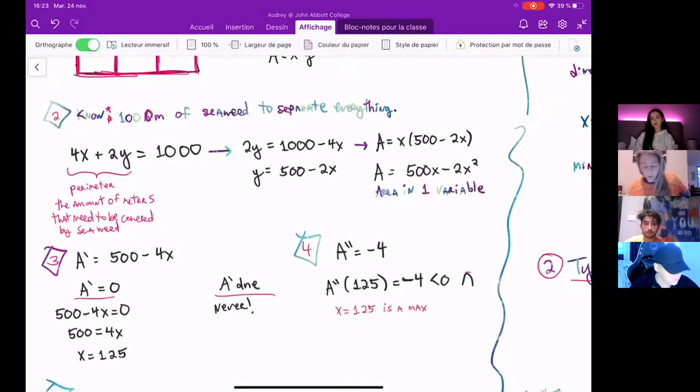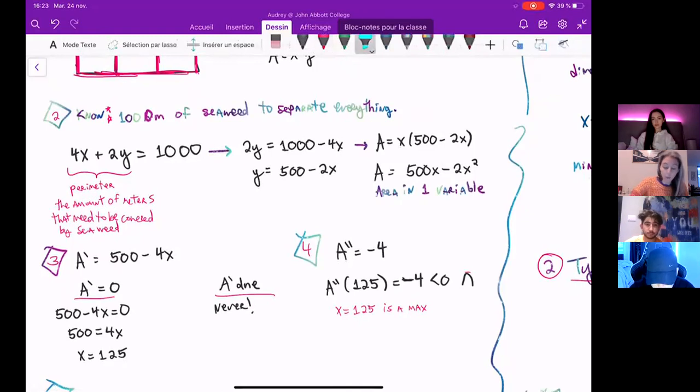So I can absolutely do that, but do I also have a value for Y in terms of X right here? Oh yeah. So absolutely I could do what you said, and that's definitely one way to do it. Find the area and then figure out what Y would have to be. But I could also just plug into that. Y is equal to 500 minus 2x is the thing that we have.